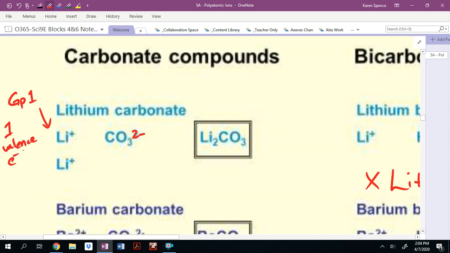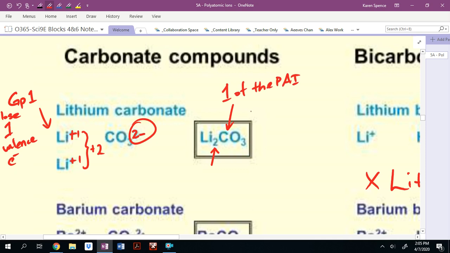When it becomes an ion, it loses that 1 valence electron and becomes +1. In order for a compound to be neutral, we need to have 2 lithium ions for every 1 carbonate ion. That gives us a total of +2 to balance out the -2. And we write that in our formula as Li2 and then CO3. And you'll notice there's only 1 of the polyatomic ion.